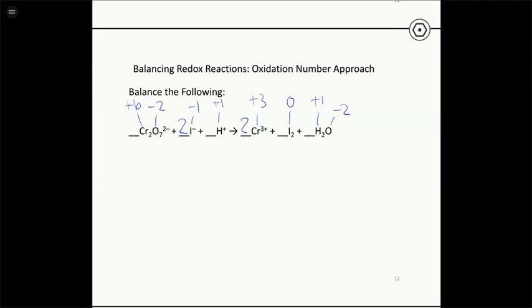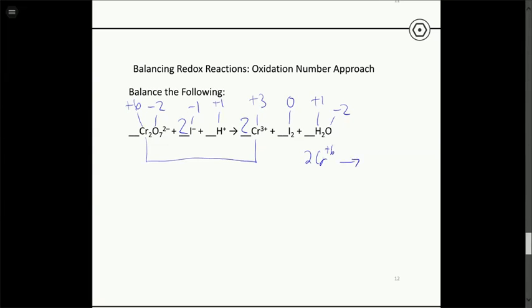Assigning the oxidation numbers is pretty straightforward, but now we have to look at the number of electrons that are involved. The ones that are changing are chromium, which is going from plus 6 to plus 3. But remember what's going on here. Dichromate has two chromiums, each is plus 6, and they're forming two chromium plus 3s.